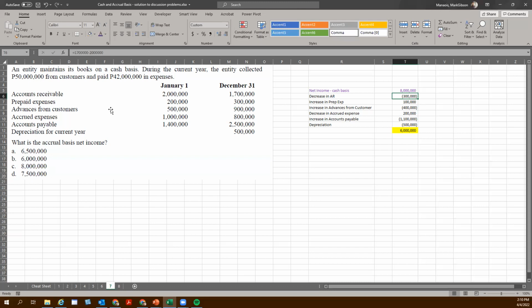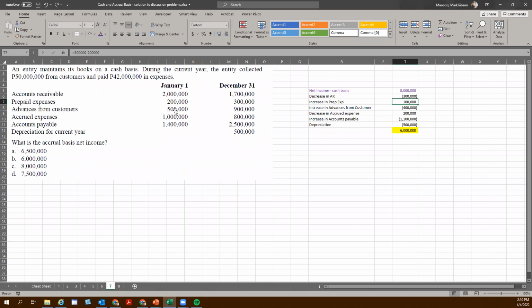Next, we have prepaid expense. So prepaid expense, it increased by 100,000. So that's additional 100,000. Increase in advances from customer. So that's 900,000 from 500,000.